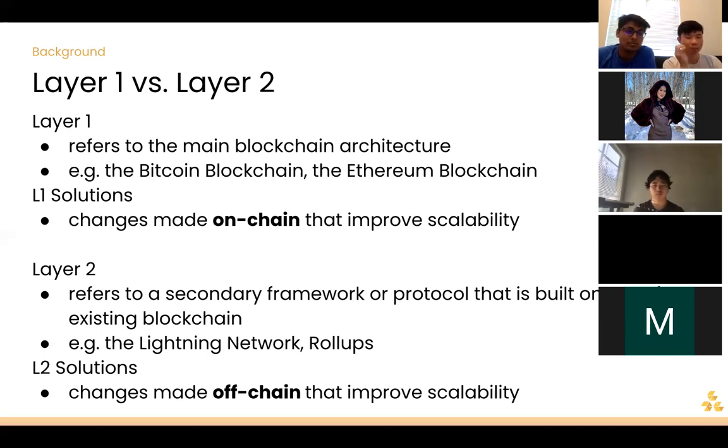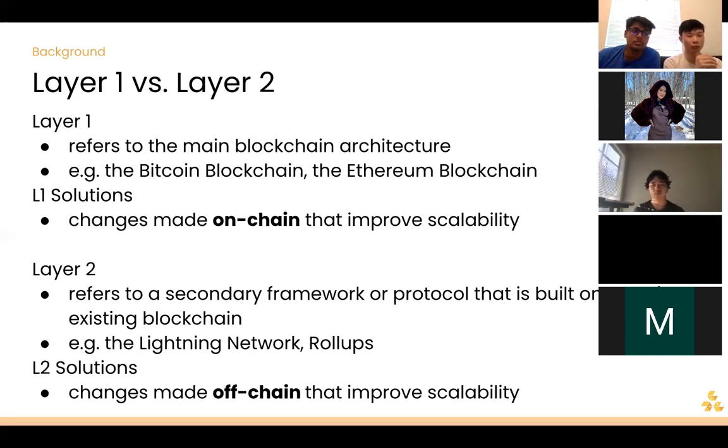One thing to keep in mind is the differences between L1 solutions and L2 solutions. We'll be going into solutions in both categories, and you'll see that with L1 solutions, it's much more restricted in what you can do, right? When you're modifying the actual blockchain, that base layer, you have to stay within the realm of what that blockchain was meant to do.